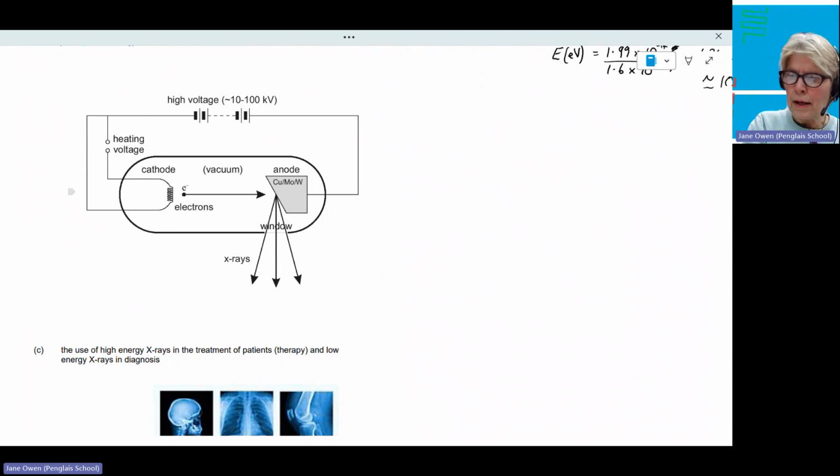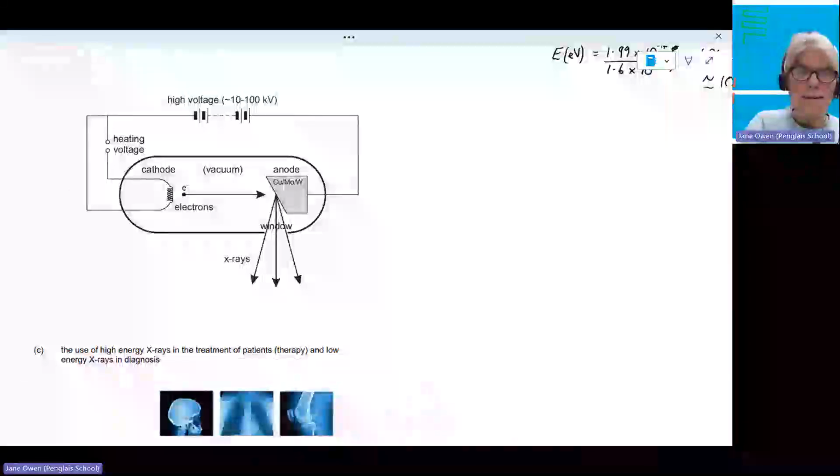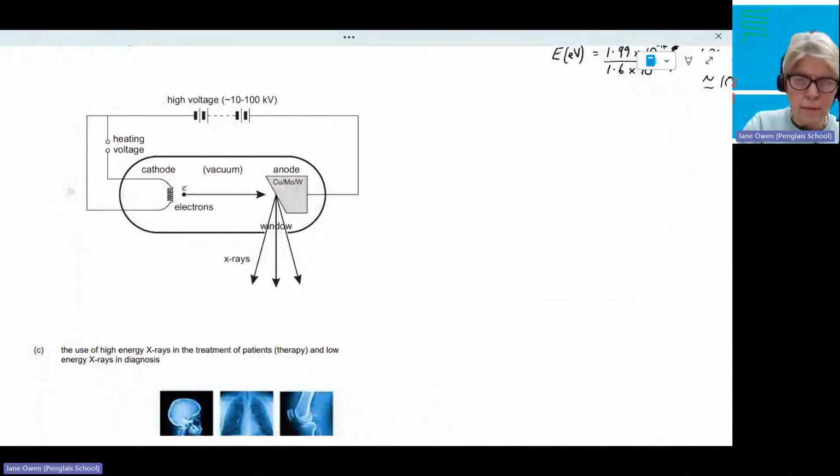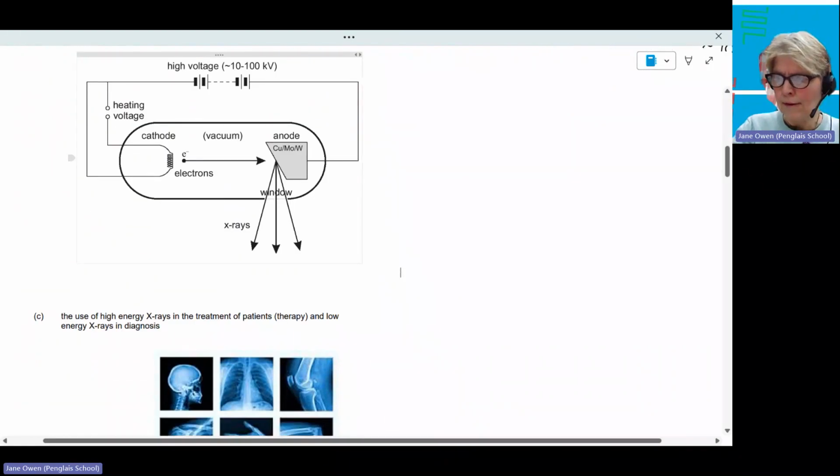So we have to apply a large voltage to accelerate those electrons to a high speed in order to produce these X-rays on impact. Those electrons collide with a rotating anode, and that causes the heat that is generated to be dispersed, and it causes those X-rays to be emitted.